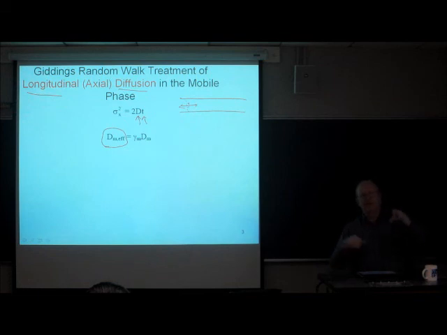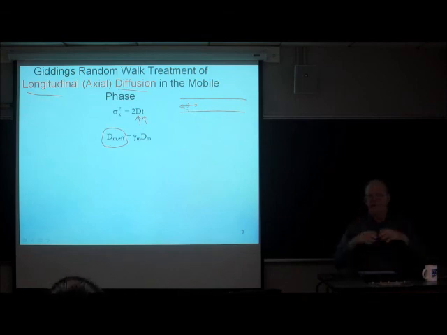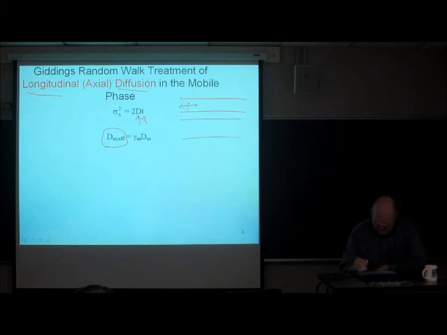Now, diffusion in the mobile phase inside of a column is not exactly the same as diffusion in a beaker, where there's no particles of stationary phase. You've got particles inside the column. Now these are not molecules, these are particles. Here's a molecule in the mobile phase.